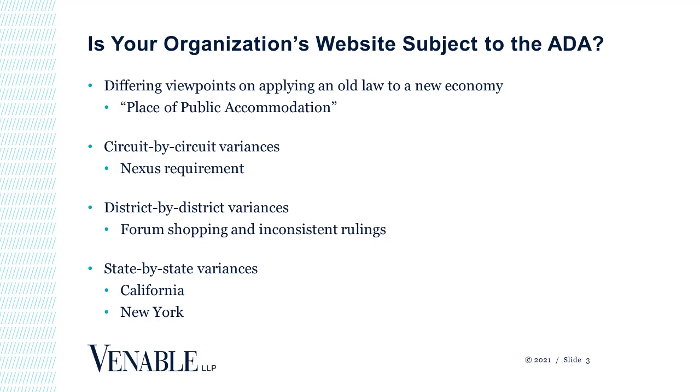Some are going to say no. The middle ground, which is considered to be sort of the most common approach, is what's considered the nexus approach. The nexus approach says that a website is not a place of public accommodation, a brick and mortar store is. But if a website is not accessible, you've lost some access to that brick and mortar store. And so there is a violation, or could be a violation.